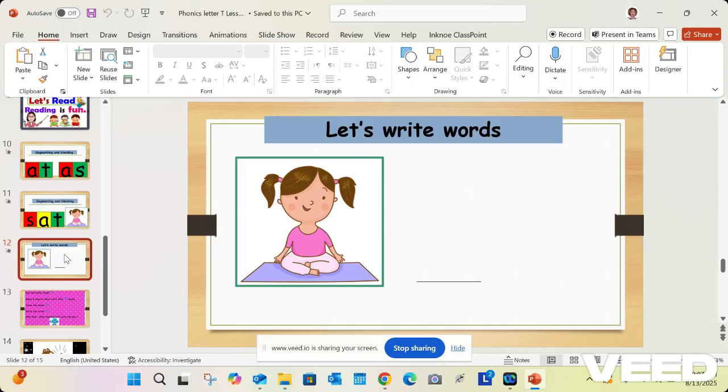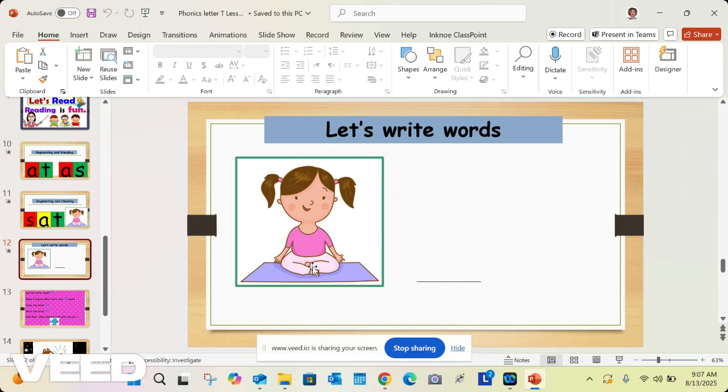All right. So this one, I want you now to practice to write the word for this picture. And where are you going to get the word? The word is here. So you are going to copy a t here. I want you to copy it here. Then you draw this girl, or you can draw yourself sitting on the mat and color.